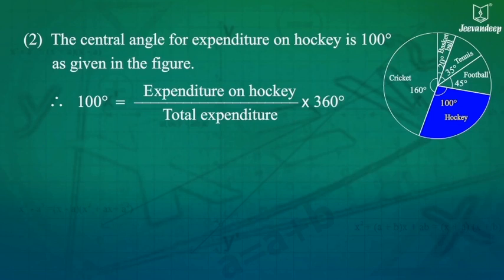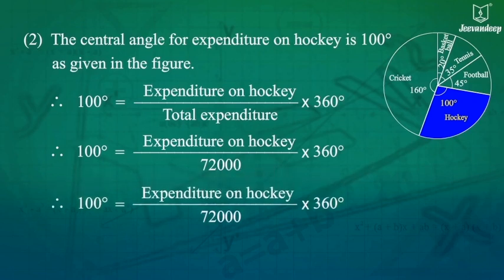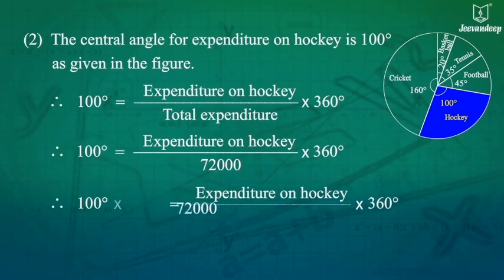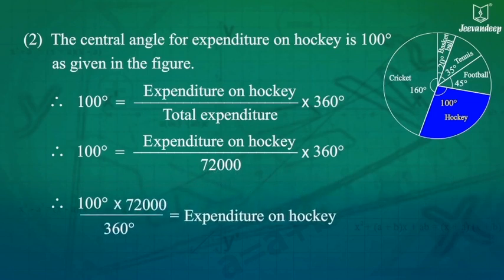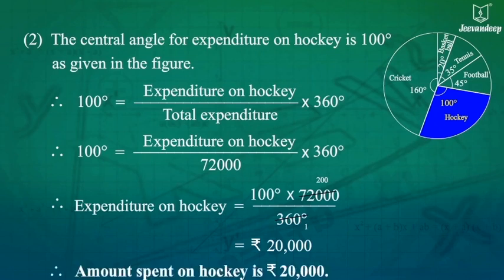Putting the value of total expenditure as calculated in the formula, we get 100 degrees equals expenditure on hockey upon 72,000 multiplied by 360 degrees. This equals 20,000 rupees.